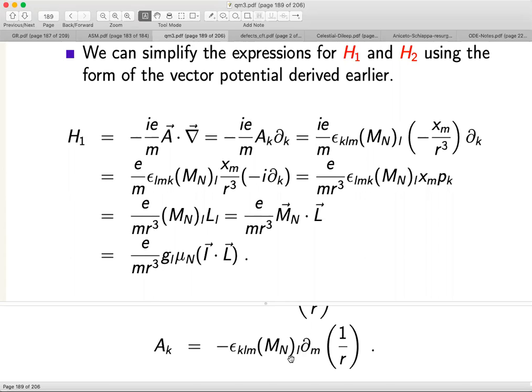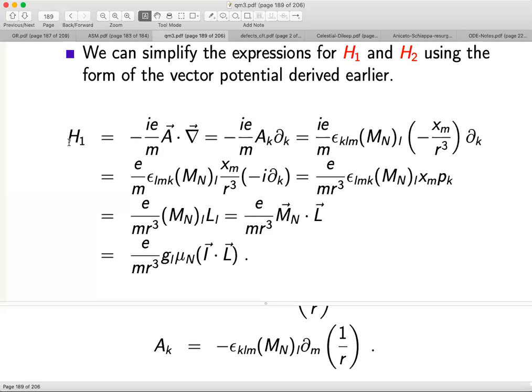So all we have done is substituted A k and then did some massaging of this expression, showing that the terms that are involved are basically the orbital angular momentum terms of the electron.